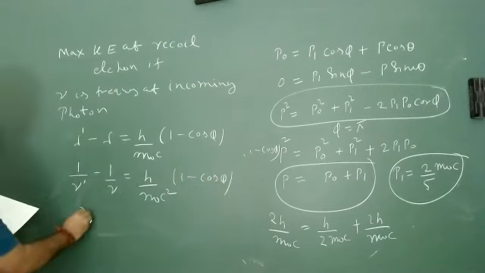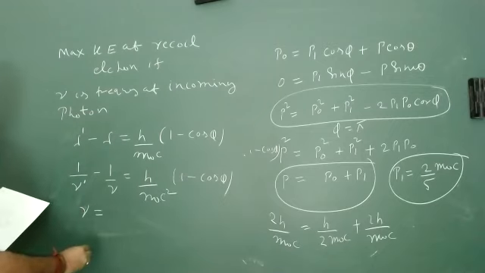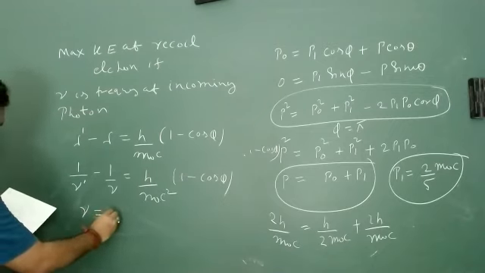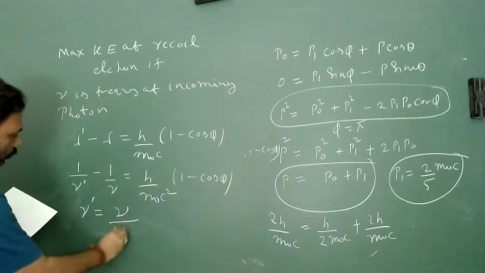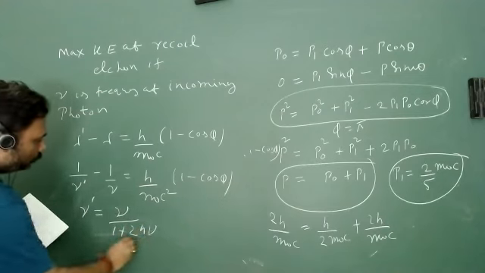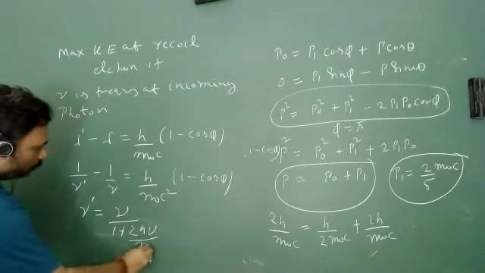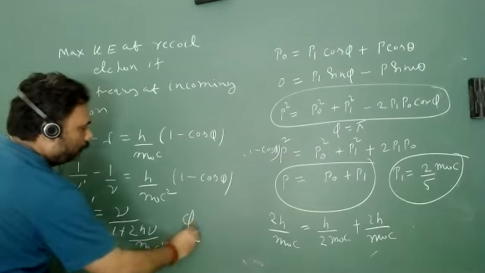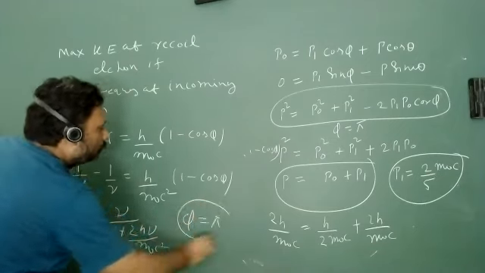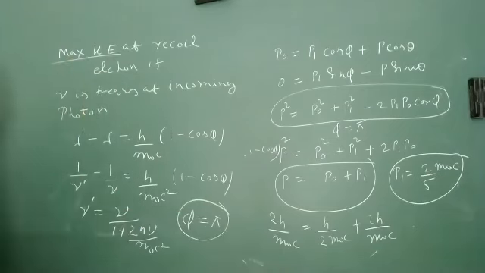So nu, sorry, nu dash, you can just get the value. That will be nu upon 1 plus 2h nu upon m naught c square, because we are using phi is equal to pi, as we have to talk about maximum kinetic energy.